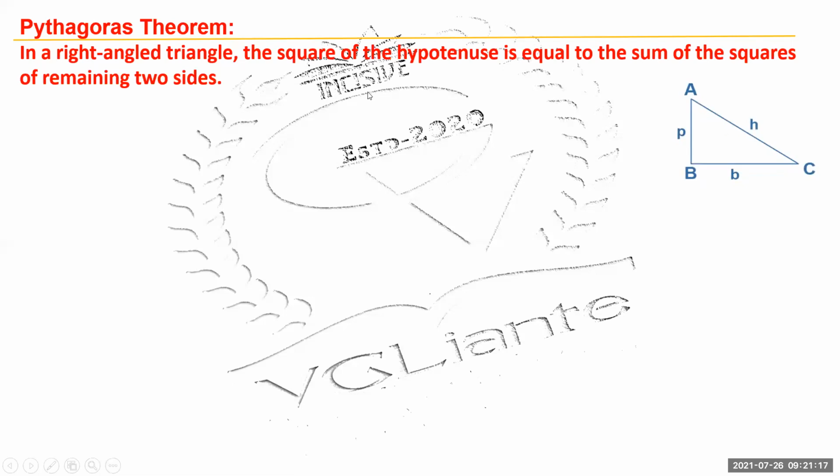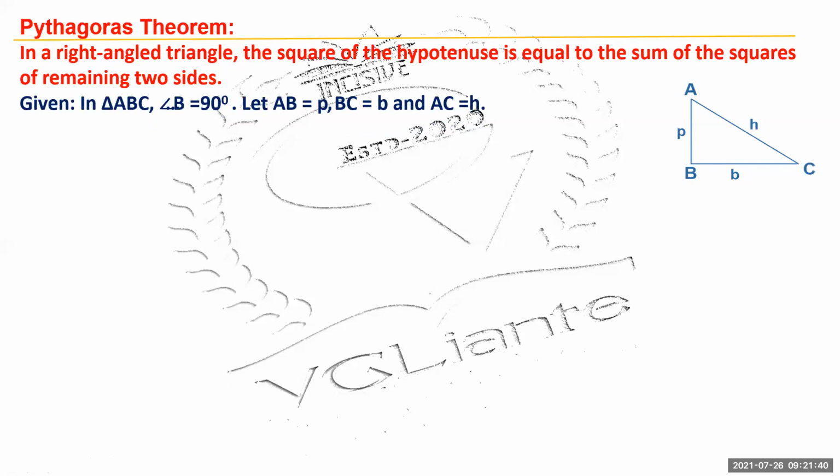Consider right angle triangle ABC. What is given? Angle B equals 90 degrees.